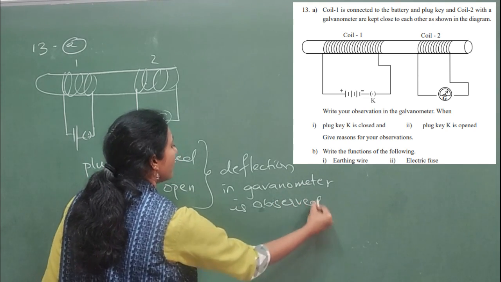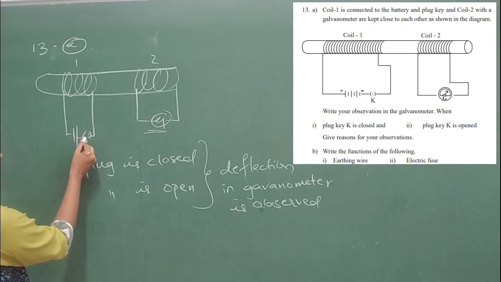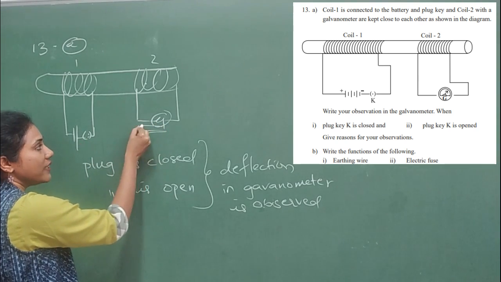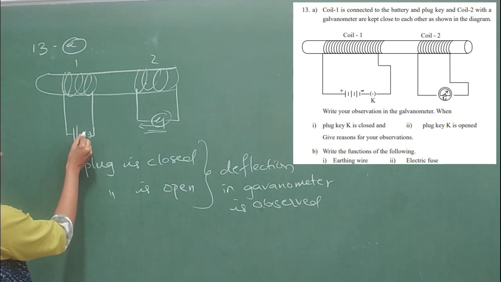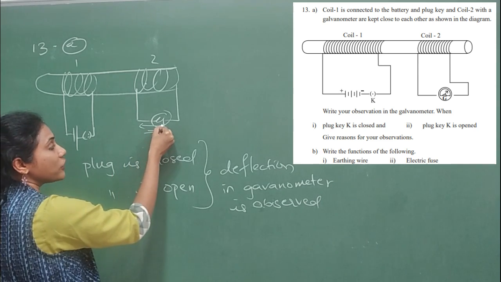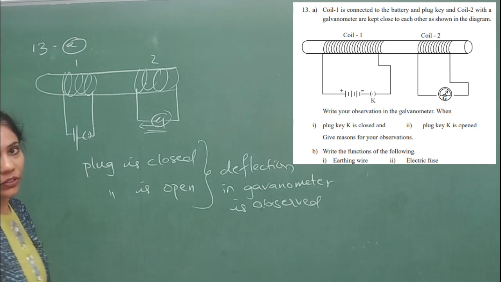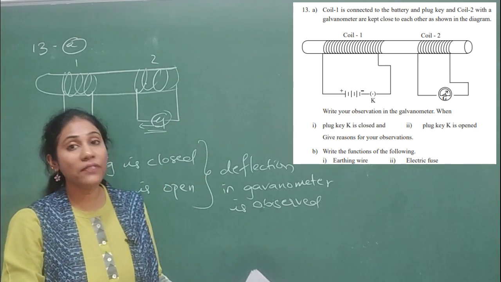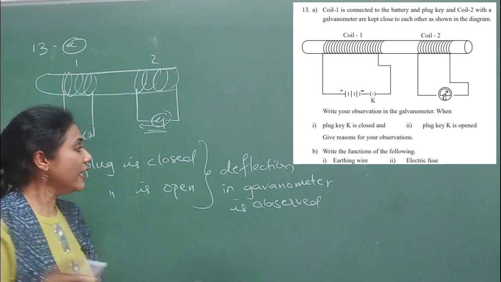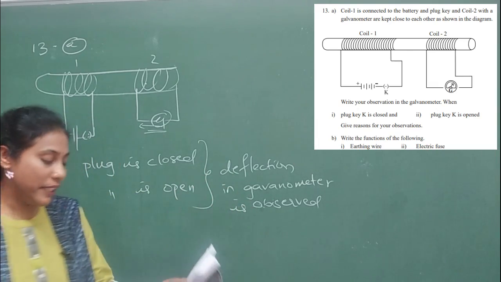Okay, so this is what you have to write. Suppose when plug key is closed, if you find a deflection on the right side, then when plug key is open, you will find the deflection on the left side. So the direction of deflection will be opposite, but definitely there is a deflection in the galvanometer.